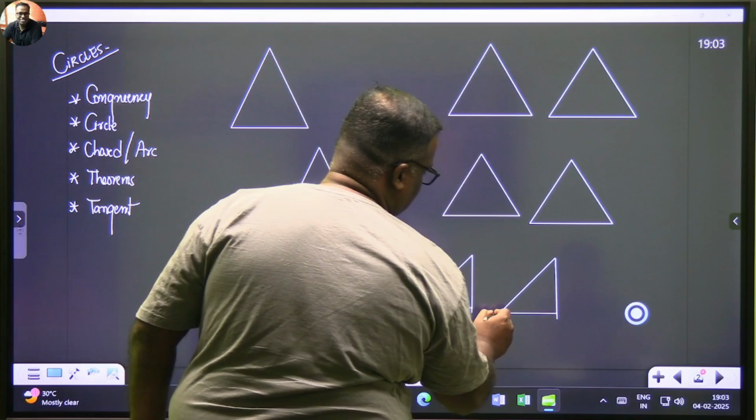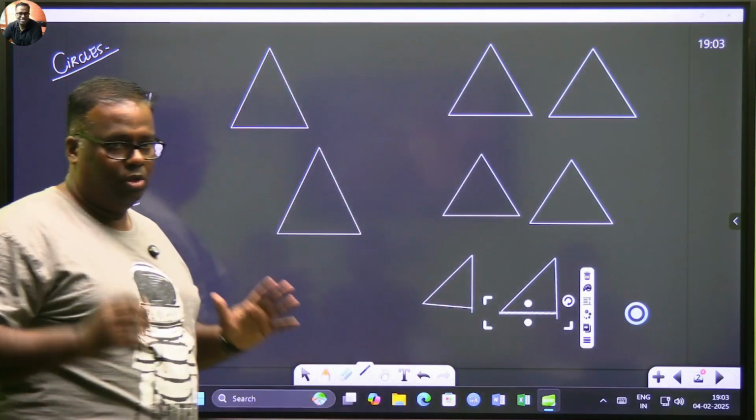This is just a teaser so that you understand everything. Okay. Now, the word congruency.